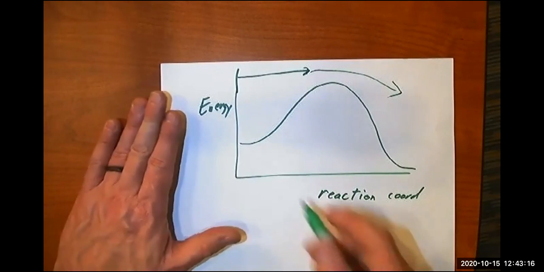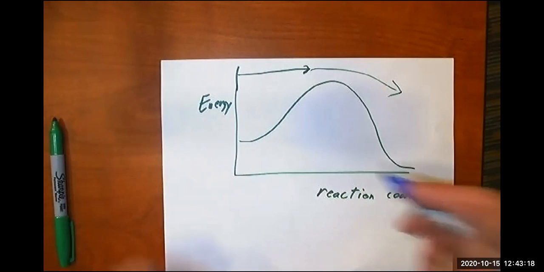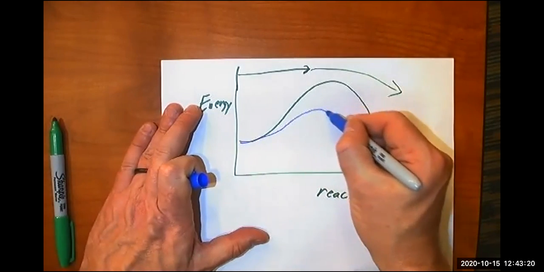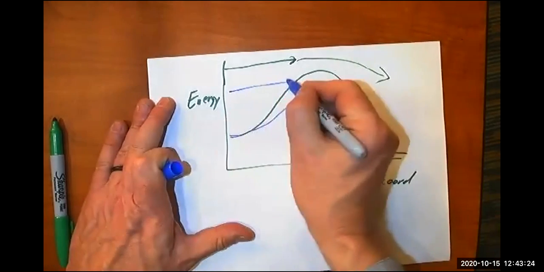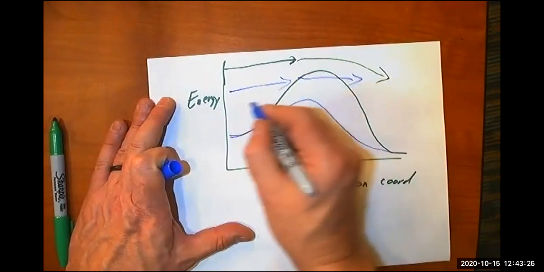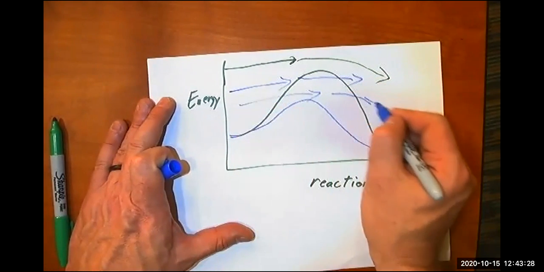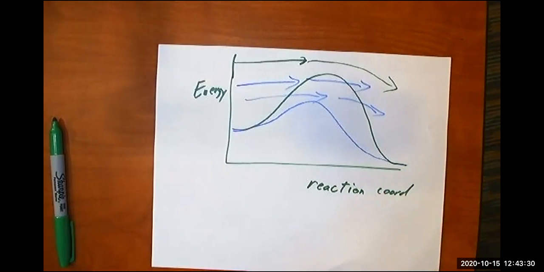And the idea is that a catalyst lowers the activation barrier so that a larger fraction of the molecules successfully have enough energy to get over the activation barrier, and thus the reaction is now sped up.